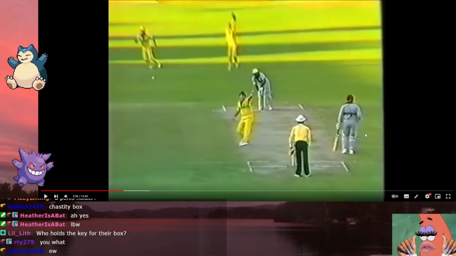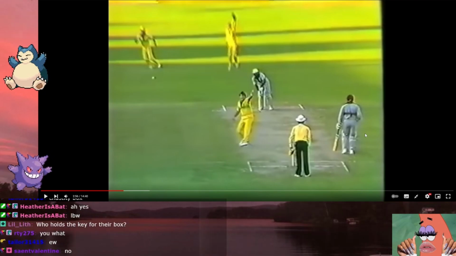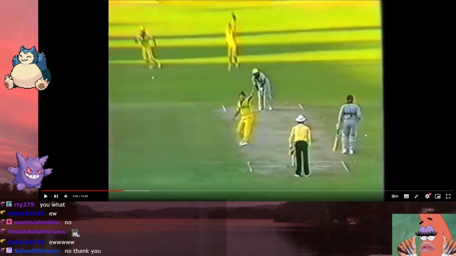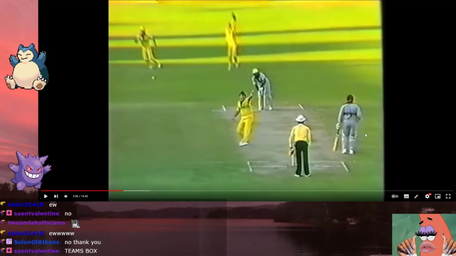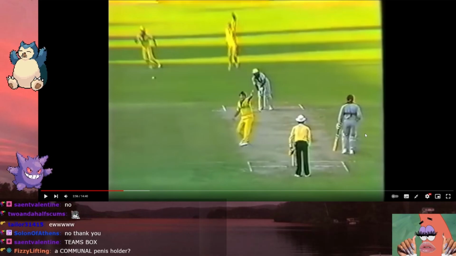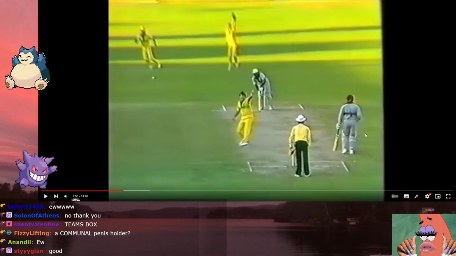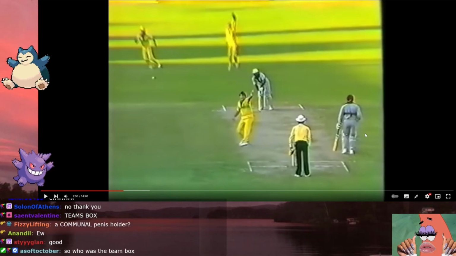Now it's very important that if you're wearing the team's box, you are wearing 2 pairs of underwear so that there is no skin-to-skin contact between you and the box, so that you insert it between your 2 pairs of underwear. It's still kind of gross, but at least you're not sharing dick and ball space with everybody else on your team.